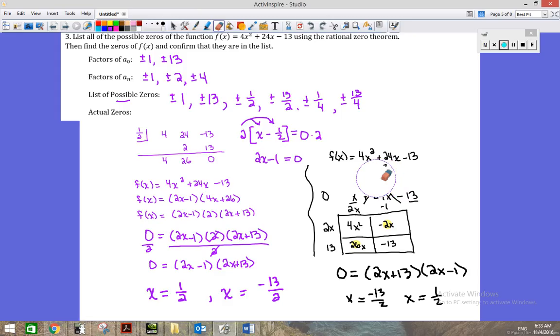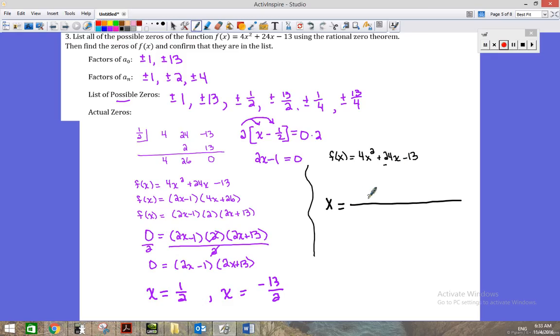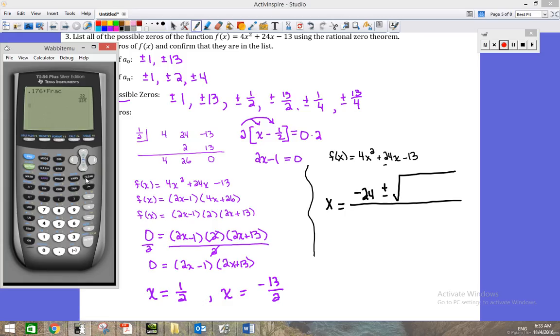If I would have come in, suppose I didn't recognize that this factors, if I'd come in and used the quadratic formula, take the opposite of b, which is negative 24, plus or minus the square root of b squared, which is 24 squared, minus 4 times a times c, all divided by 2a.